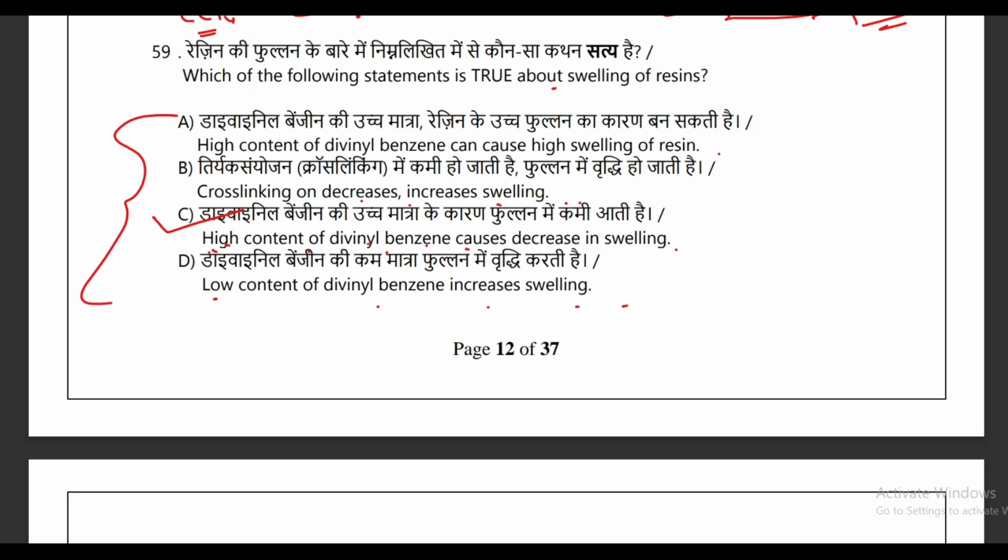Conversely, a lower content of divinyl benzene would result in less cross-linking, which can increase the swelling of the resin. So out of four options, our correct option is C, due to which swelling will decrease. So C is your correct answer in the 59th question.